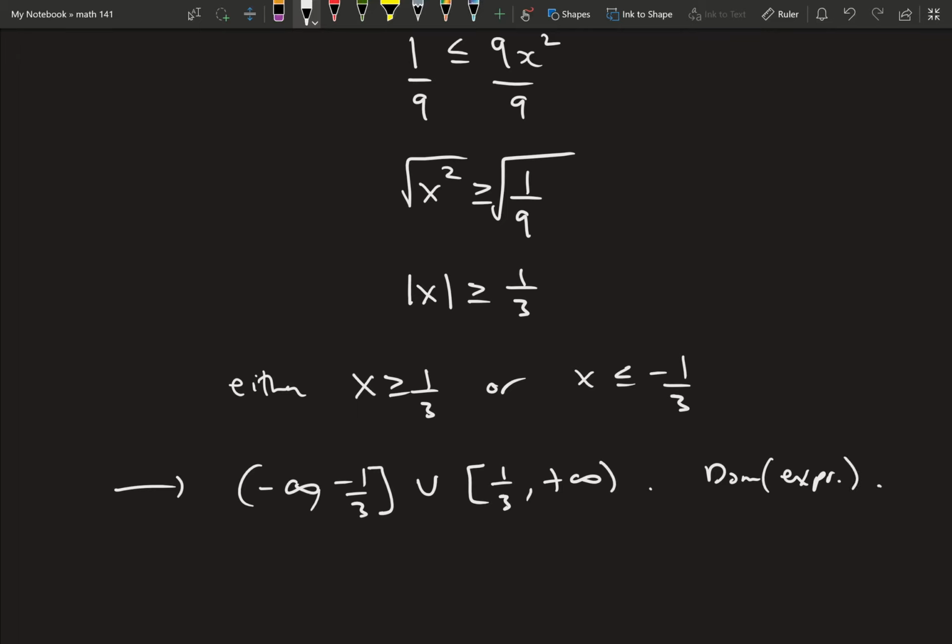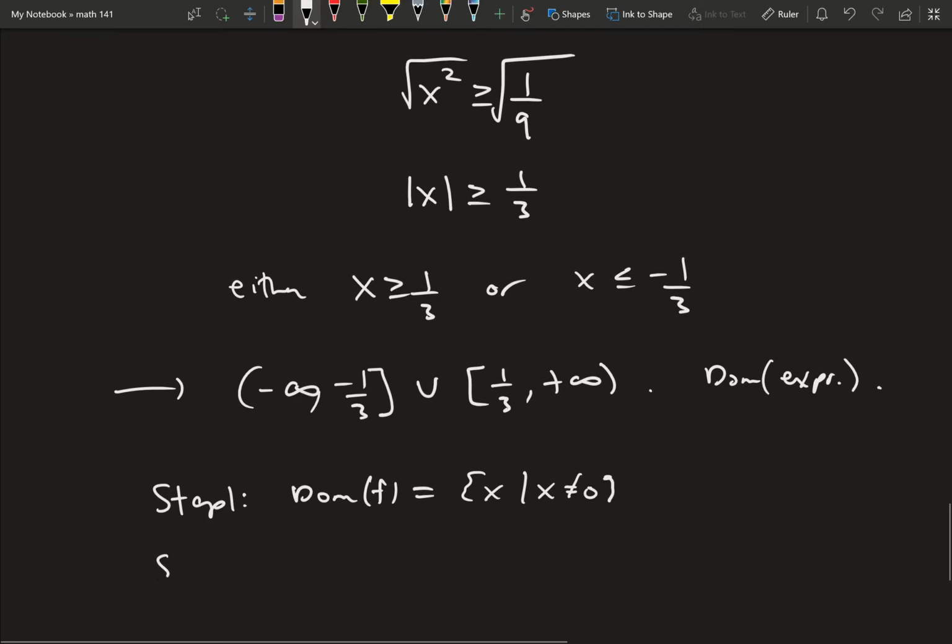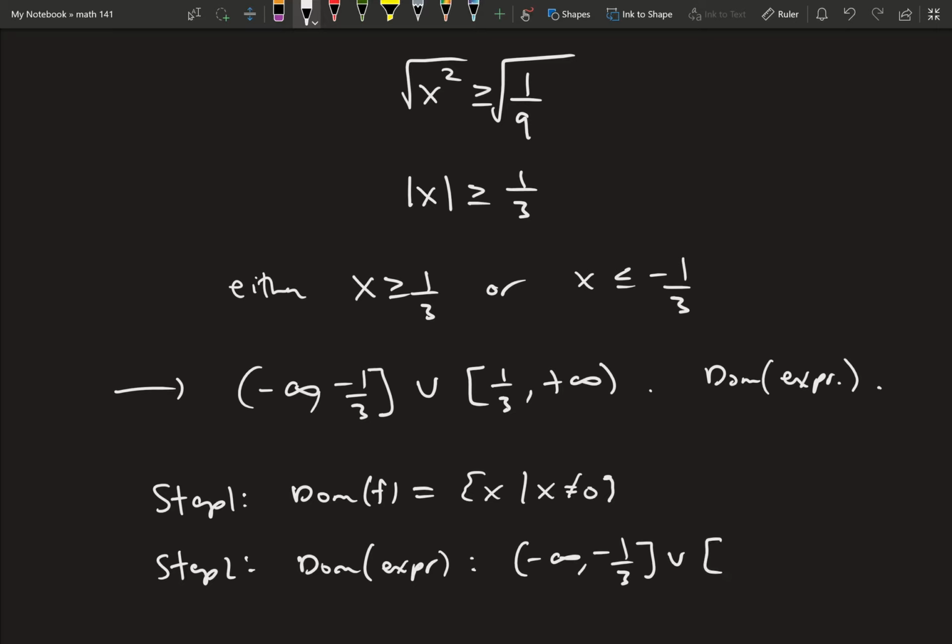So what is our two-step process? Well, step 1, the domain of f just said x can't be 0. For the domain of the expression of the composition, we got negative infinity to negative 1/3 union 1/3 to positive infinity. We need both of these to be satisfied. X can't be 0, and x has got to be in here.